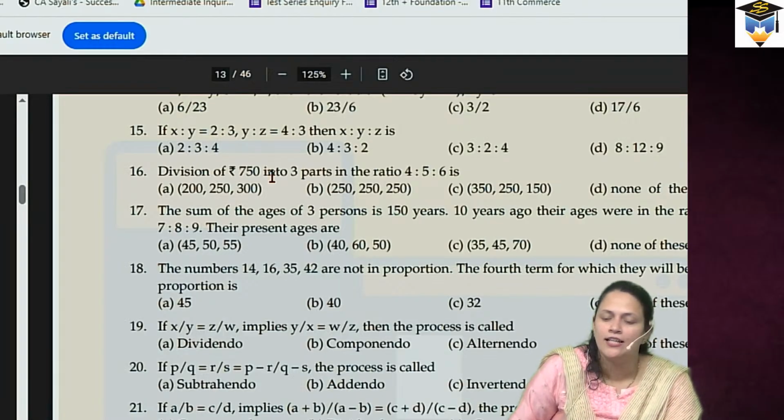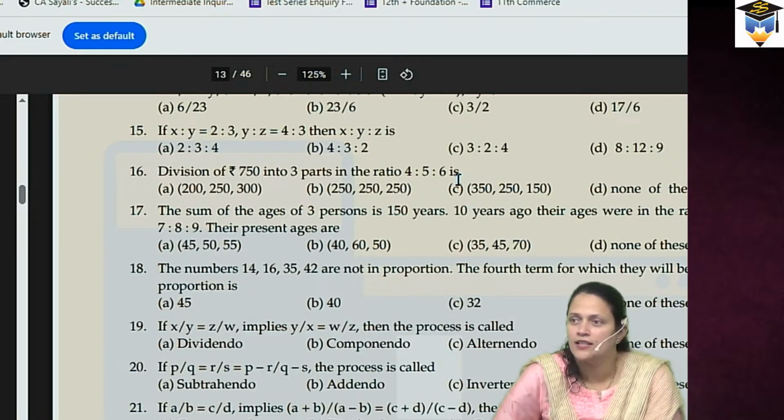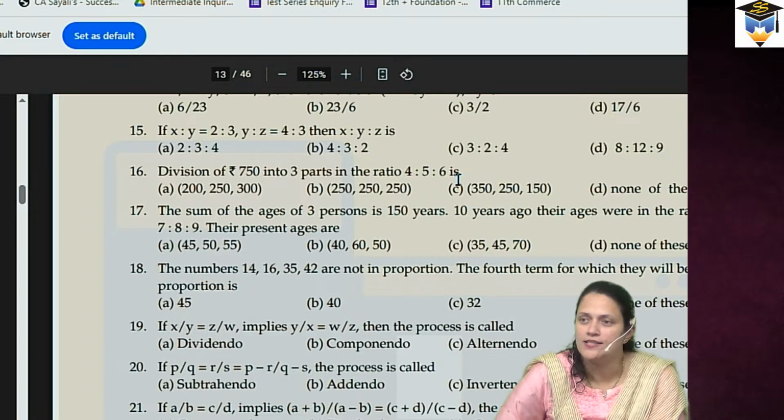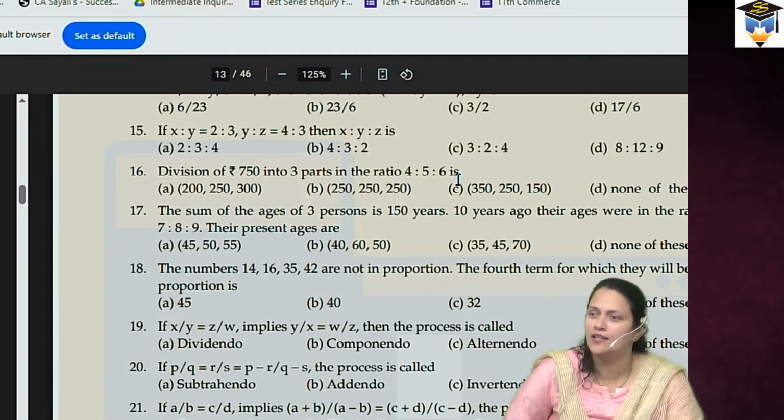Now 16th, division of rupees 750 into 3 parts in the ratio 4:5:6. How will you find out the answer? Divide 750 by that number.